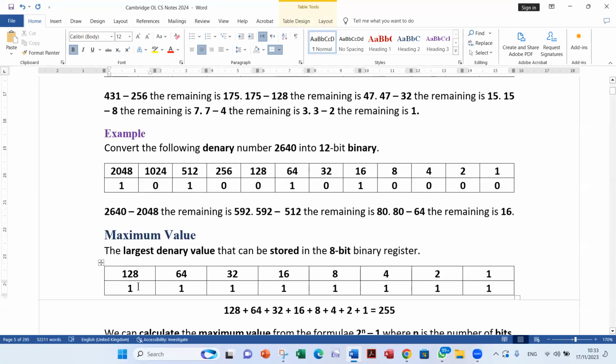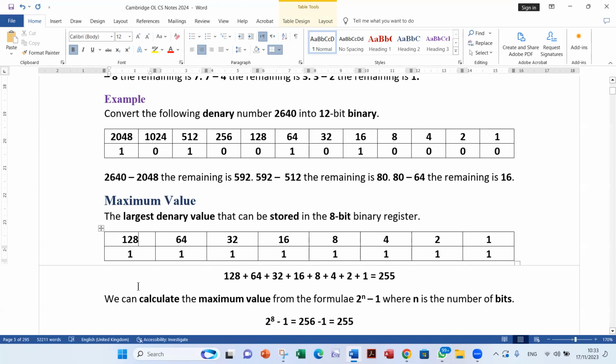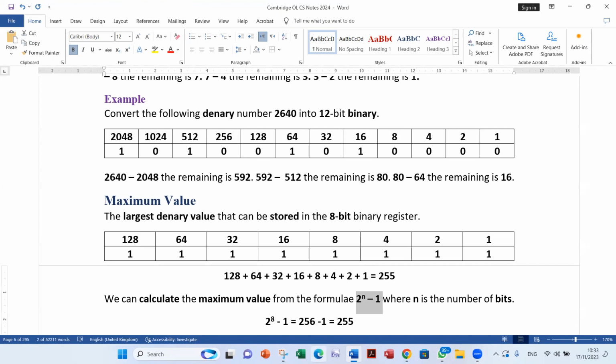There is an official way of calculating it besides that student idea, which is very brilliant. We can calculate the maximum value from the formula 2 to the power of n minus 1. And that formula will be used extensively in the AS. I'm trying to prepare you for the AS from now, if you wish.